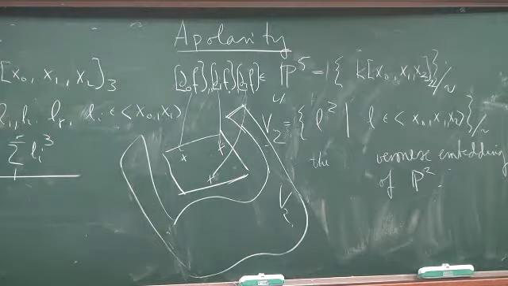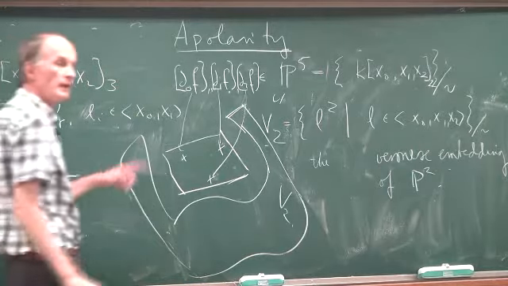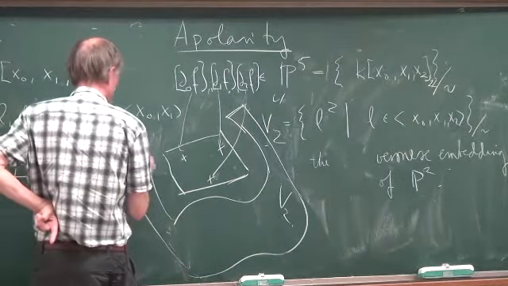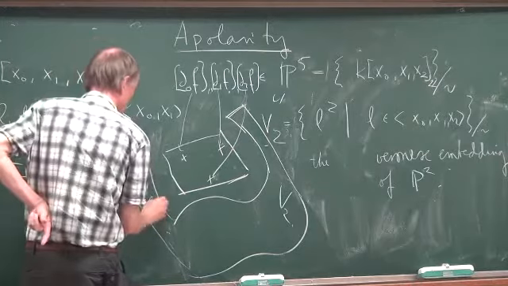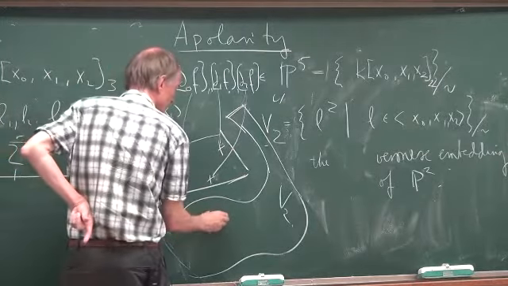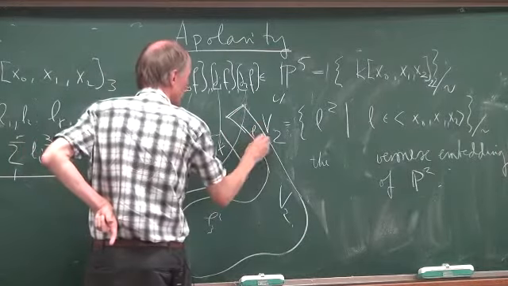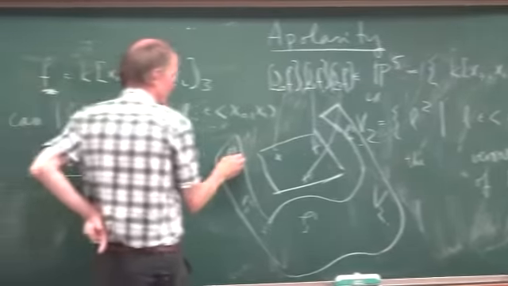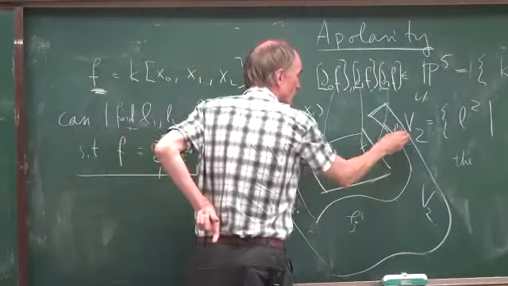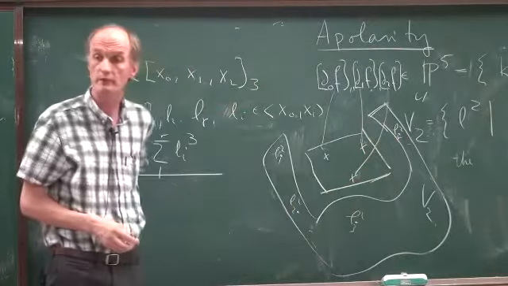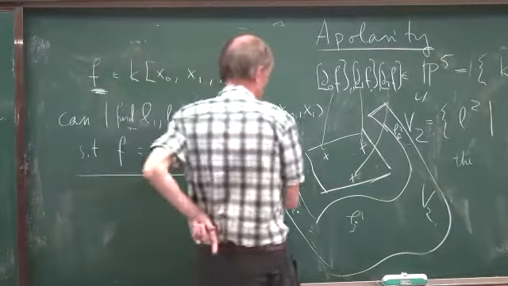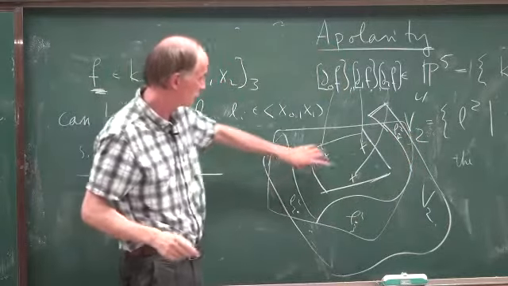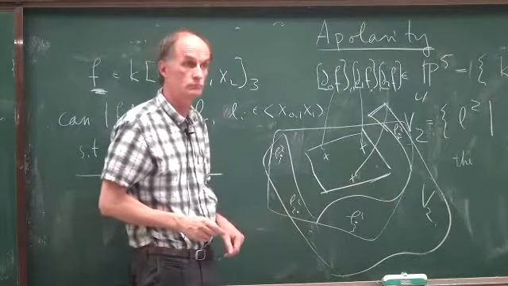Because now what I want is to find L1 squared, L2 squared, L3 squared, etc. up to LR squared, such that if I take the span of all of those, this span should contain the whole plane.